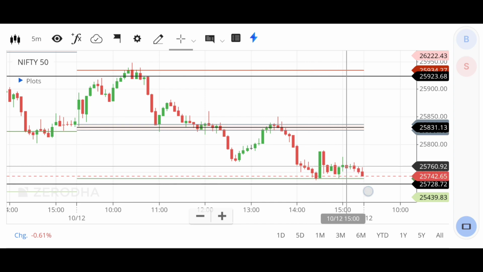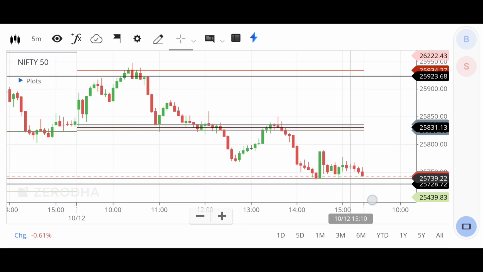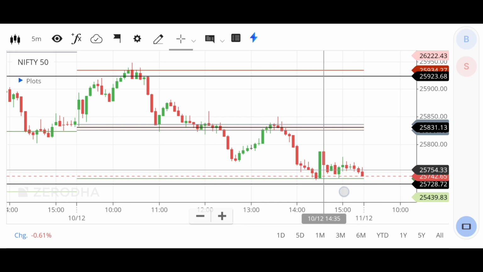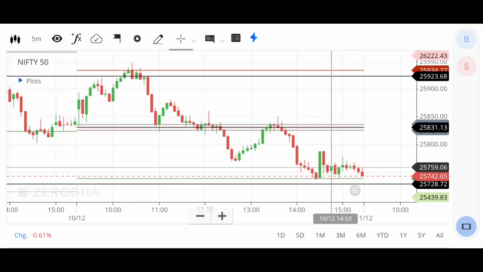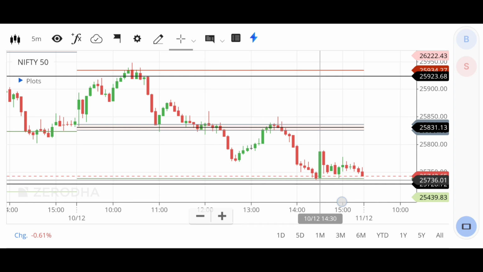Okay, guys. So as soon as it reached the S1, you can see the long green color candle found at 2:30. After the market moved down from the CPR, it reached this S1. Once it reached this S1, you can see this green color candle which is saying it is working as a good support at the time.